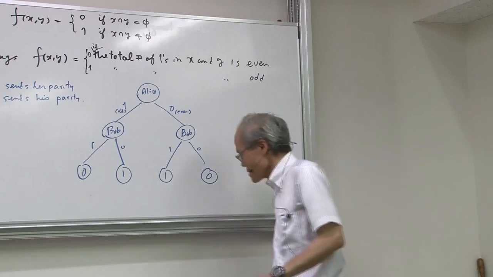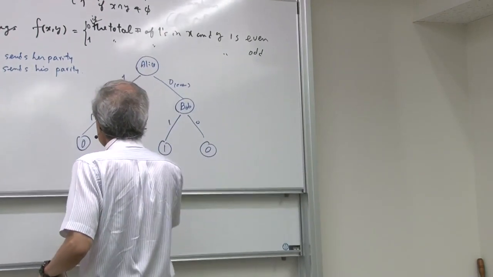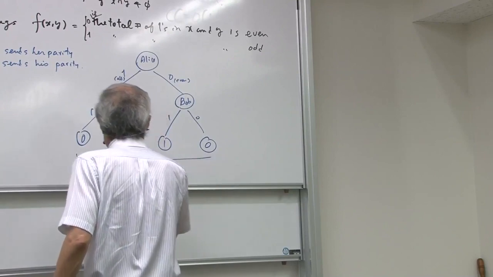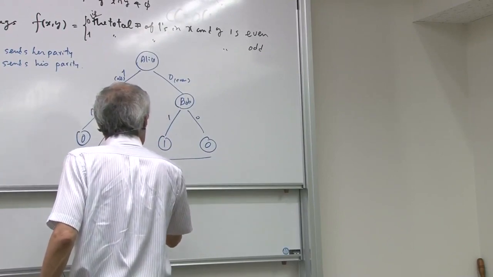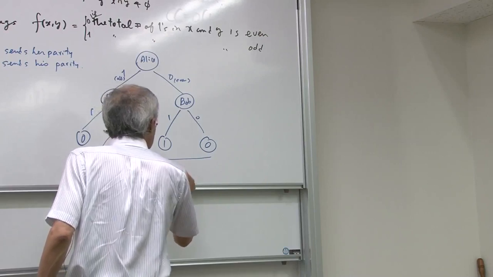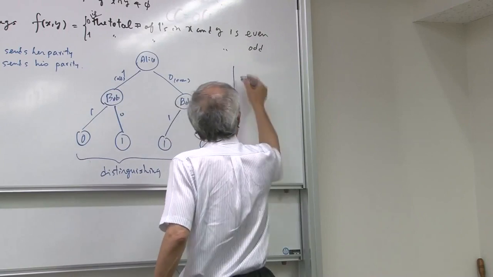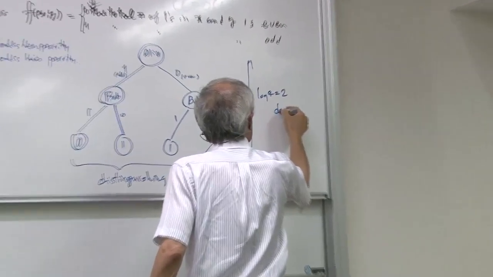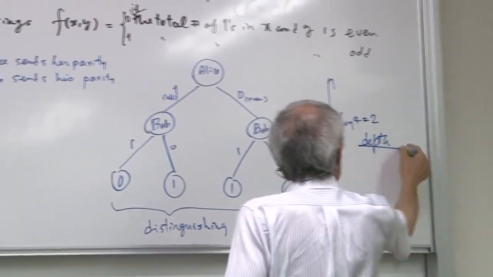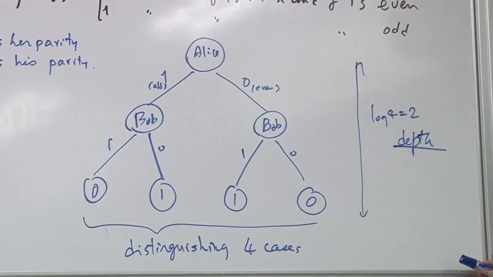Once again, this is very important. Distinguishing four different cases, we need log 4, which is equal to the depth. That is the number of bits to communicate between Alice and Bob.